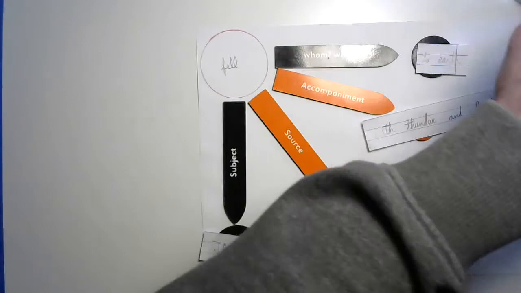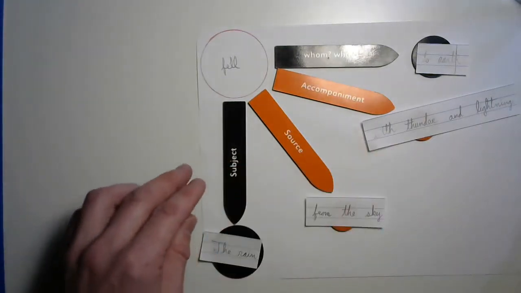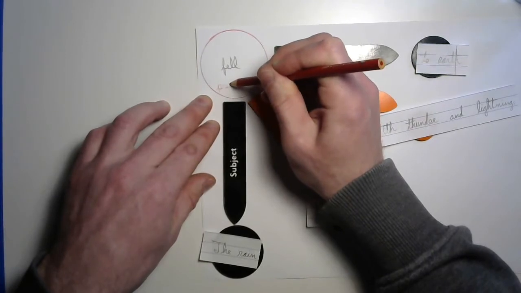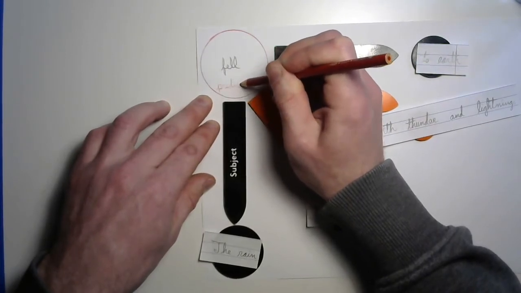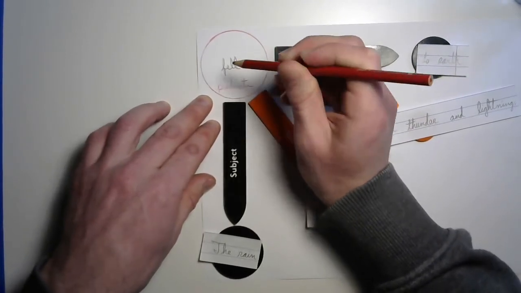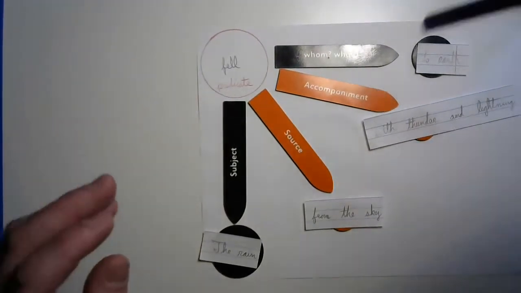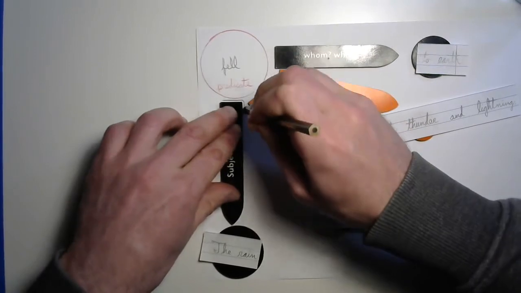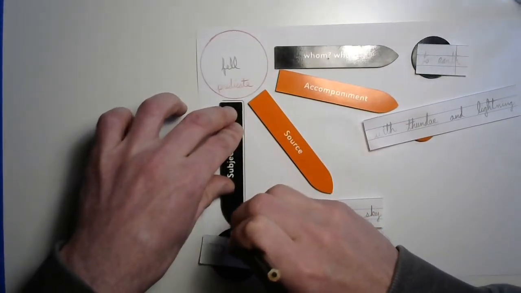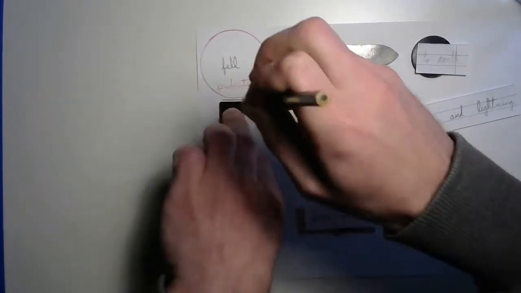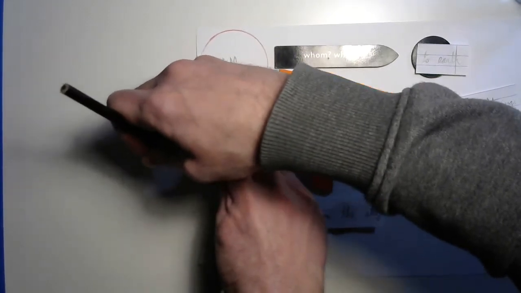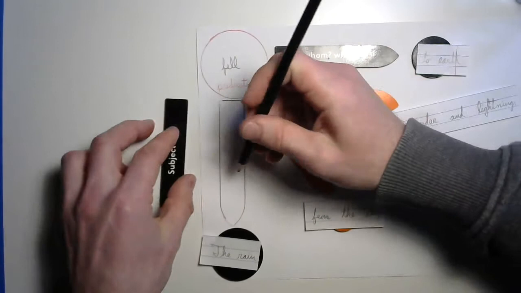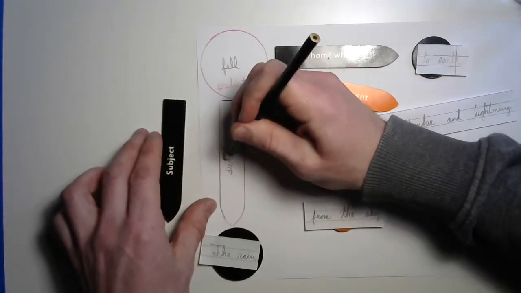All right. I could also label this as the predicate. I'm going to take my black pencil and do the subject arrow next. And I know the arrows look a little bit different for your pieces. If you wanted to draw your own arrow instead of tracing, that would be pretty cool too. And the subject.